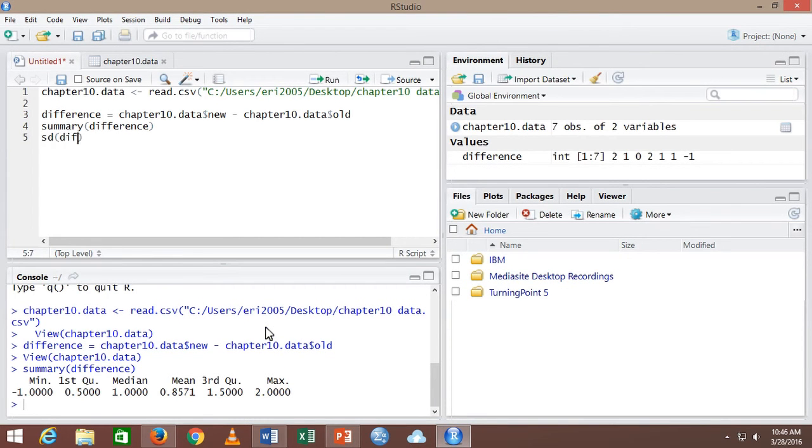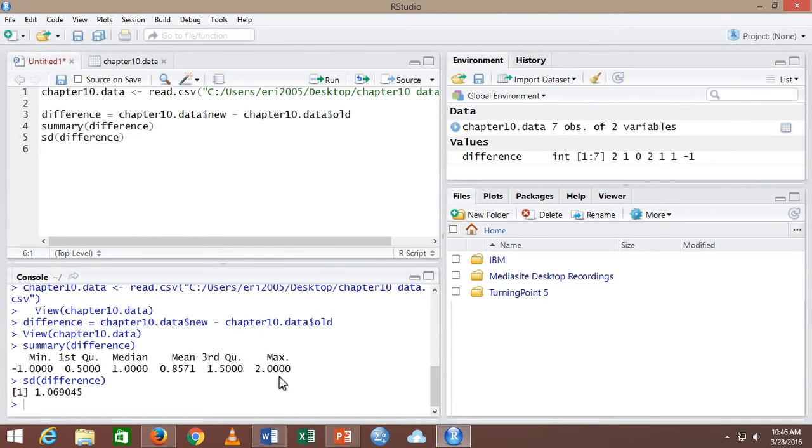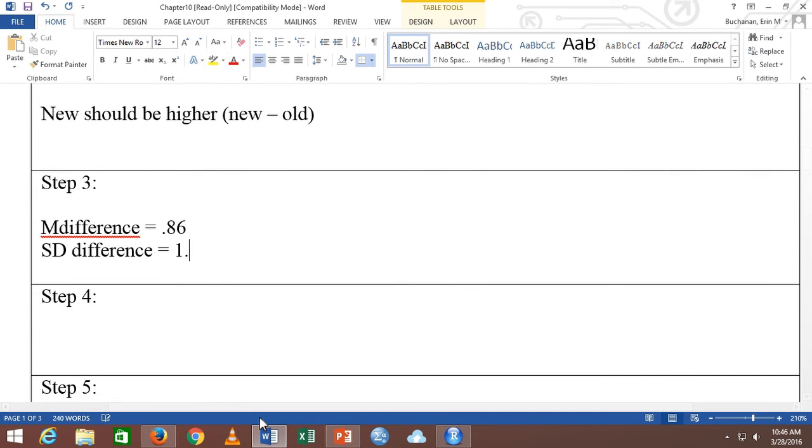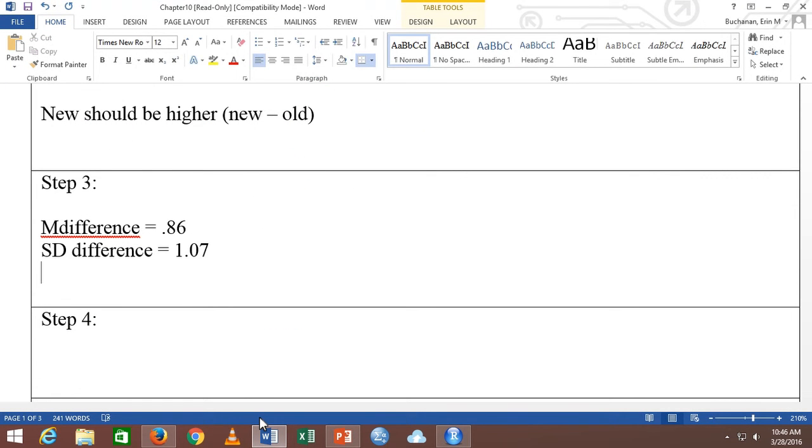Our standard deviation, so I'm going to do SD of the difference scores, 1.07. I need the mean difference for both the test statistic, so step 5, and for effect size. The standard deviation I need for the effect size.